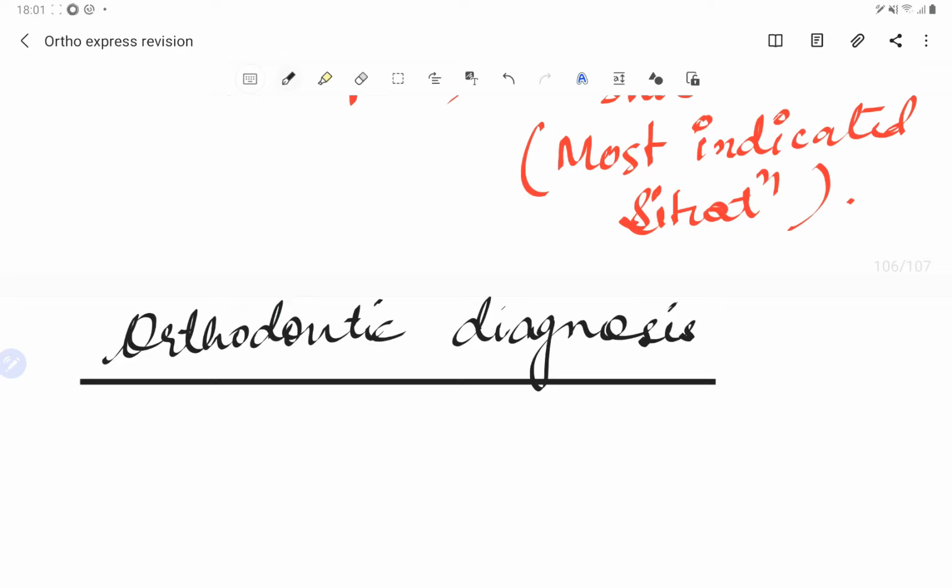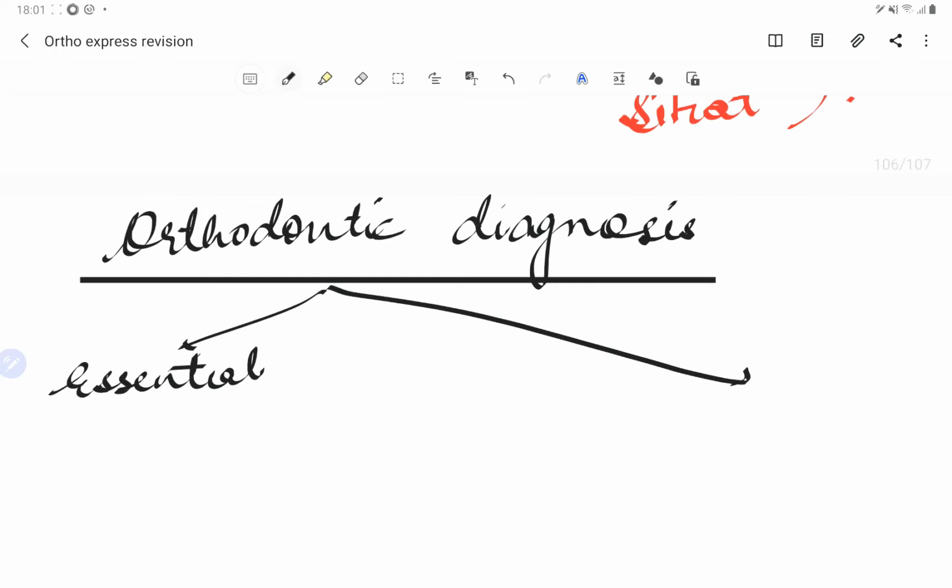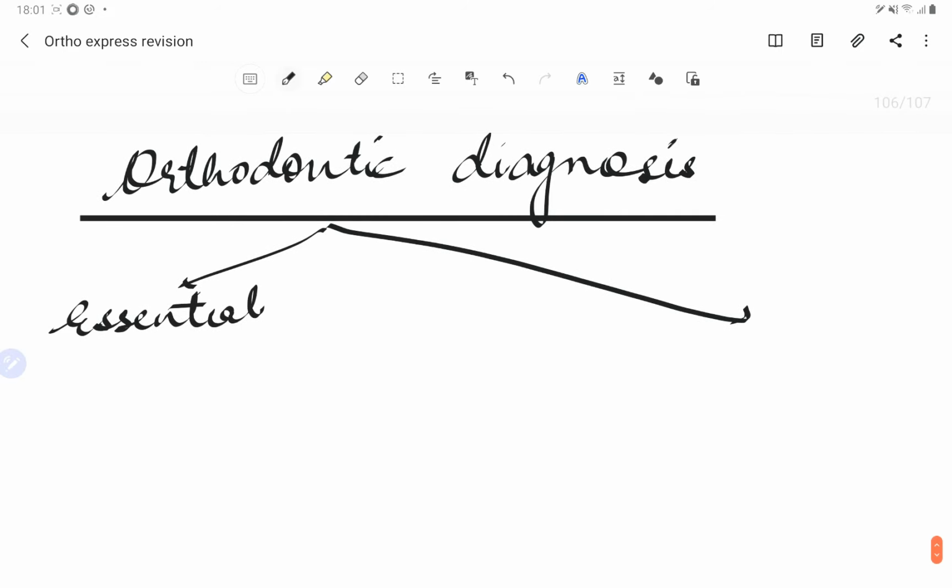So these diagnostic aids, which are very important for all the cases, are what we call the essential diagnostic aids. And the other diagnostic aids, which are not essential for all the cases, but may require some specialized instrument and may be important for certain cases, are the supplemental.